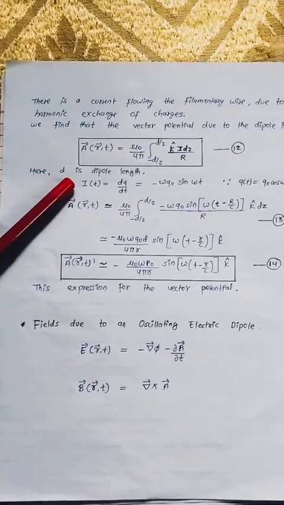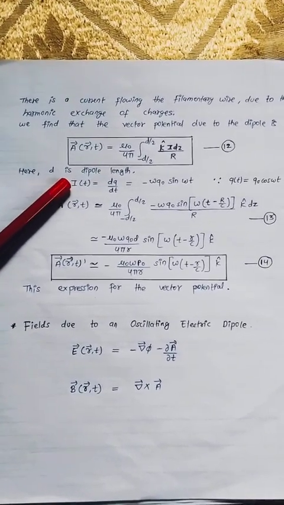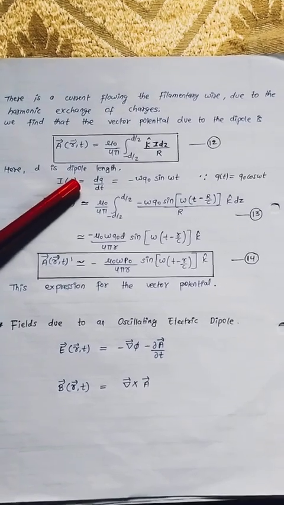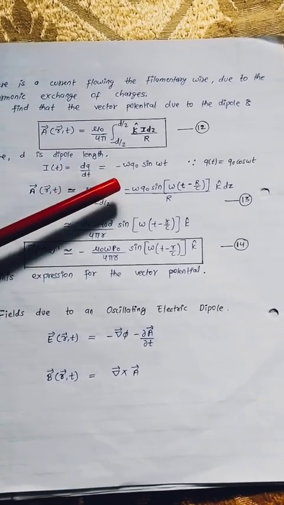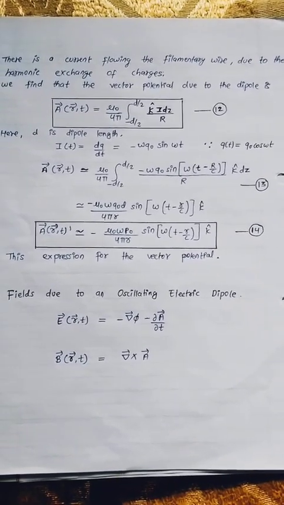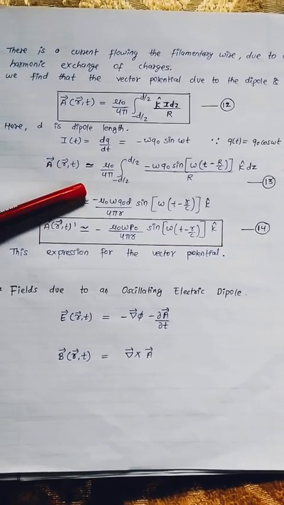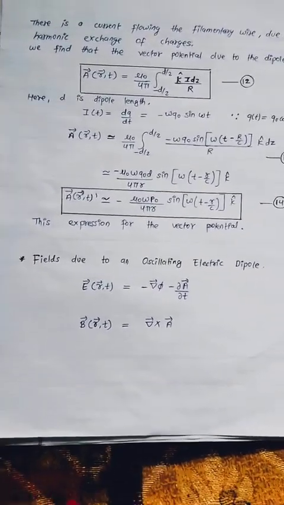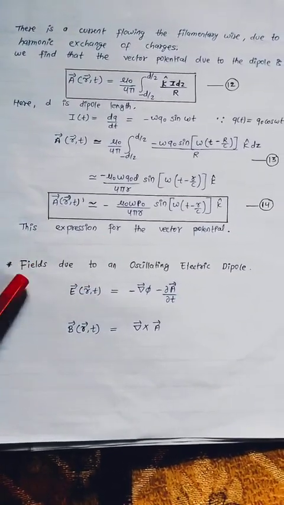Then I of t equal to dq by dt equal to minus omega q naught sin of omega t, since q of t equal to q naught cos omega t. After solving this we get the vector potential, and then the fields due to an oscillating electric dipole.